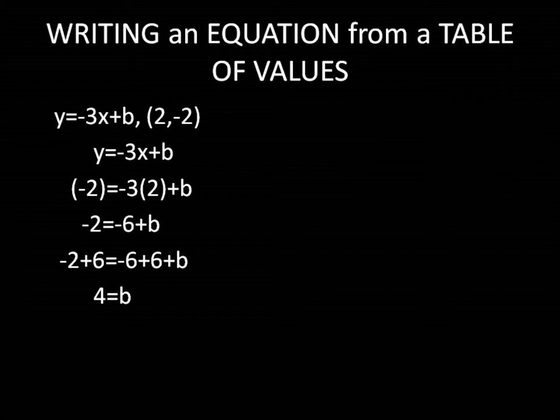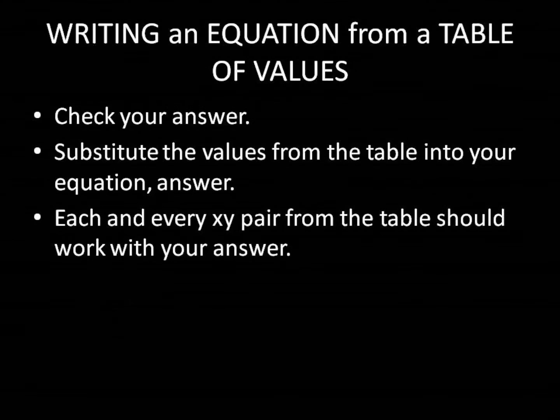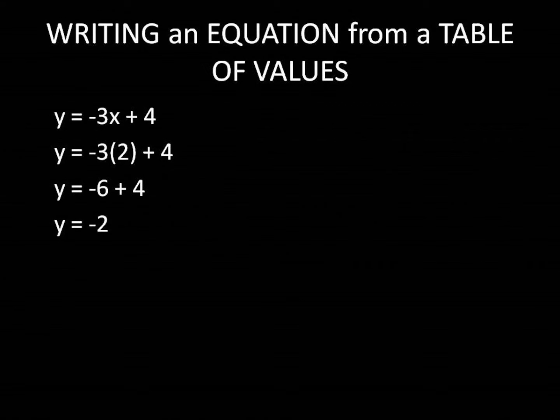We get a negative 2 equals a negative 6 plus b, and we simplify, giving us b equals 4. Our equation becomes y equals a negative 3x plus 4, and then we check the values.